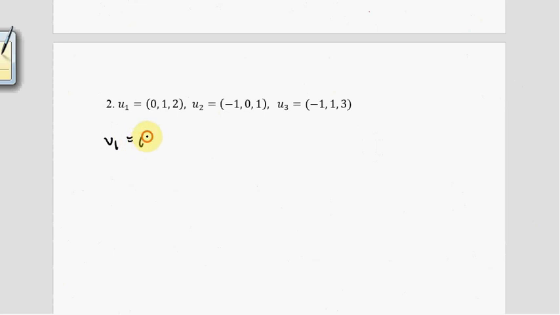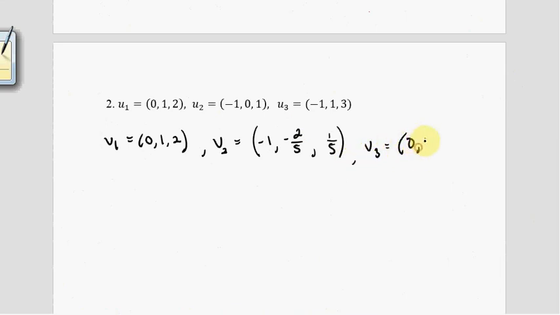V1 is 0, 1, 2. V2, excuse me, is negative 1, negative 2 over 5, and 1/5. And V3 is 0, 0, 0.